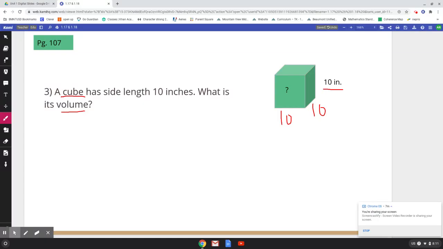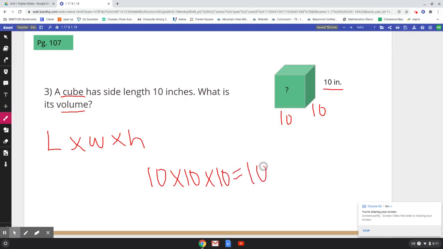Remember that volume is length times width times height. So we're going to multiply 10 3 times, pretty much. So 10 times 10 times 10. And that's 1,000. So on number 3, you should write the length, width, height, and 10 times 10 times 10 is 1,000.